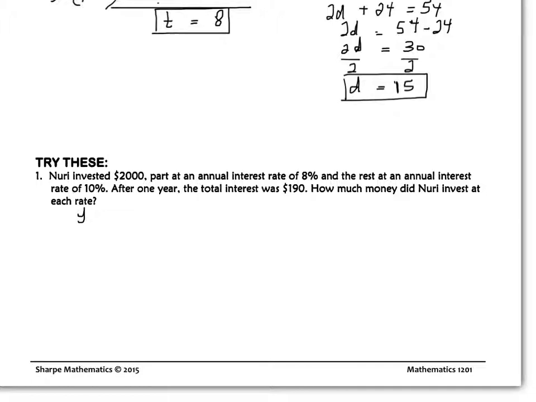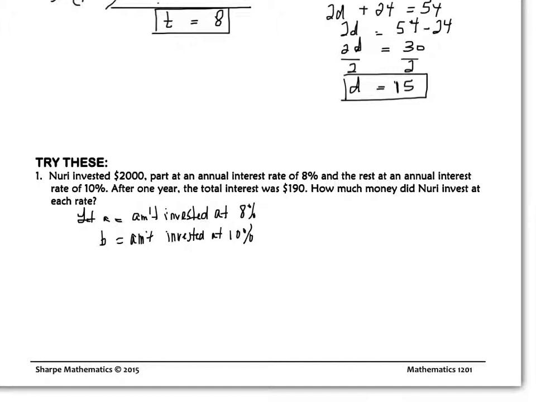So we let A be the amount invested at 8% and B equal the amount invested at 10%.